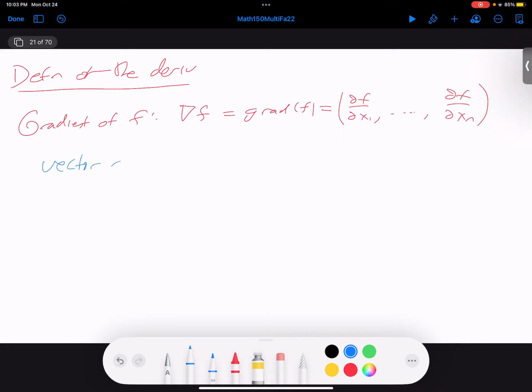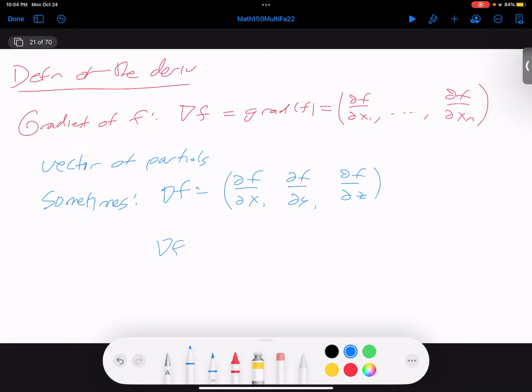So sometimes we might write the gradient of f as df dx, df dy, df dz if we're in 3 dimensions.